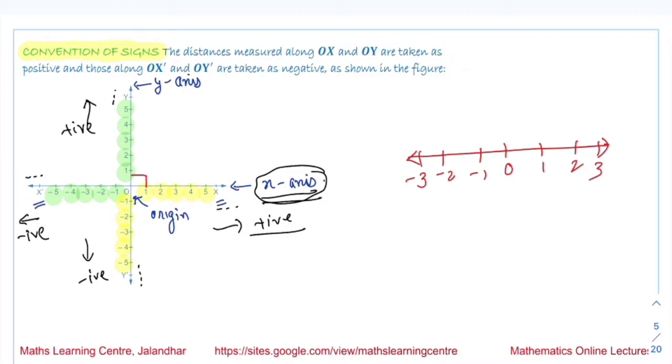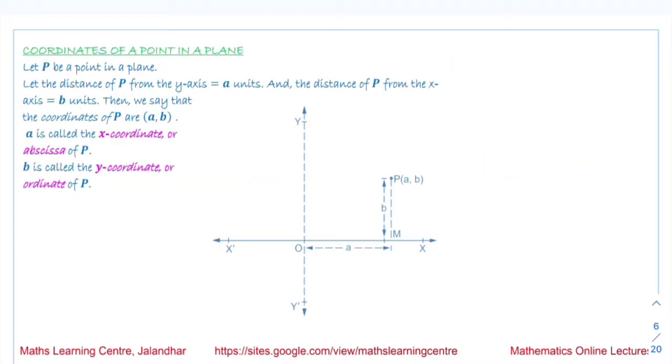Now the next thing we have is the coordinate of a point. How we started this chapter is we are saying that some plane is given to us, and corresponding to each point on that plane we want to assign an ordered pair, some numbers, to that point. Suppose this is the plane that is given to us, this whole plane we are talking about.